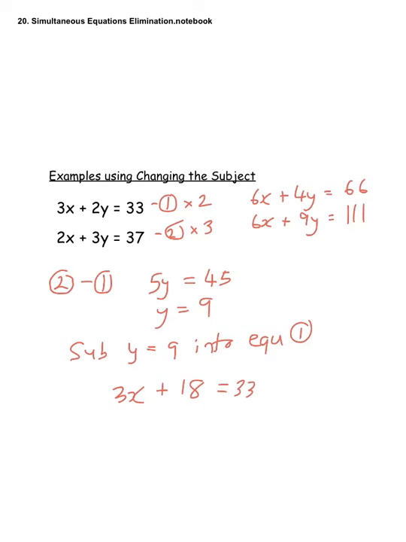Okay, I'm going to take away 18 from both sides, and I get that 3x is equal to 15, and then if I divide by 3 I get that x is equal to 5. So my final conclusion here is therefore x is equal to 5 and y is equal to 9.